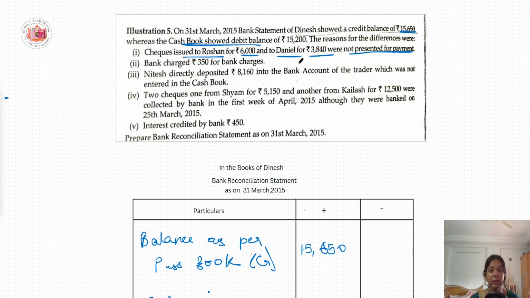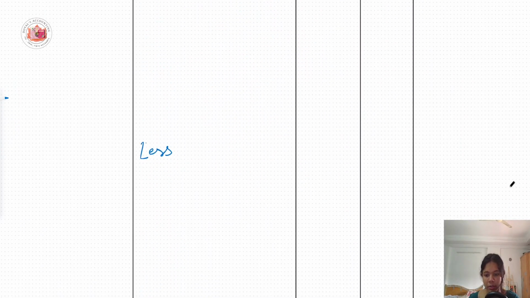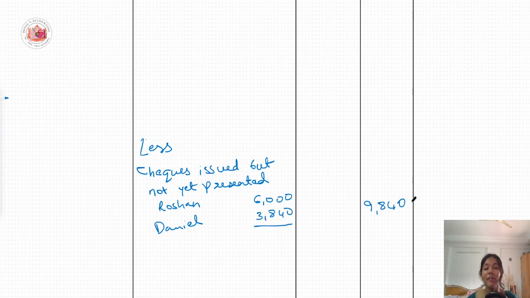So to make it balanced, we have to deduct the 9,840 from the passbook. Checks issued to Roshan and Daniel not presented for payment. Roshan is 6,000 rupees and Daniel is 3,840, so 9,840 rupees.